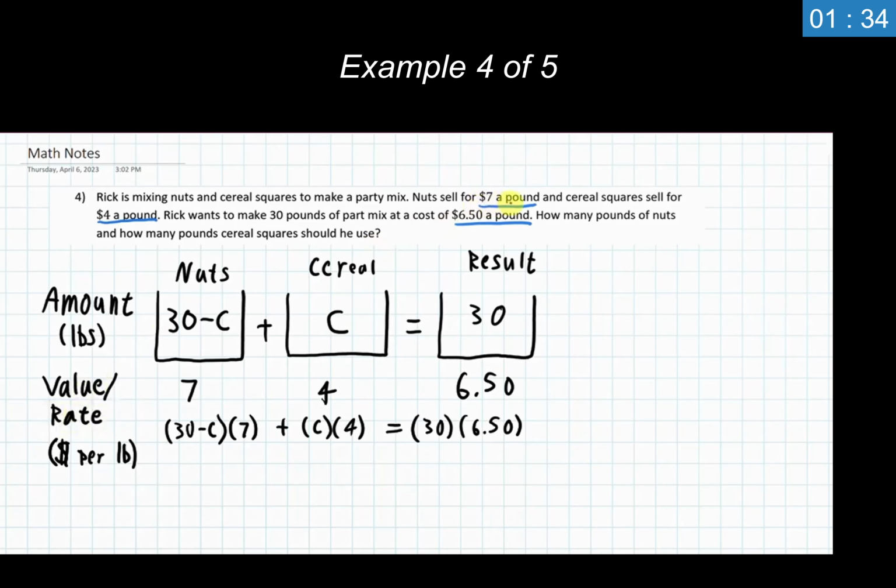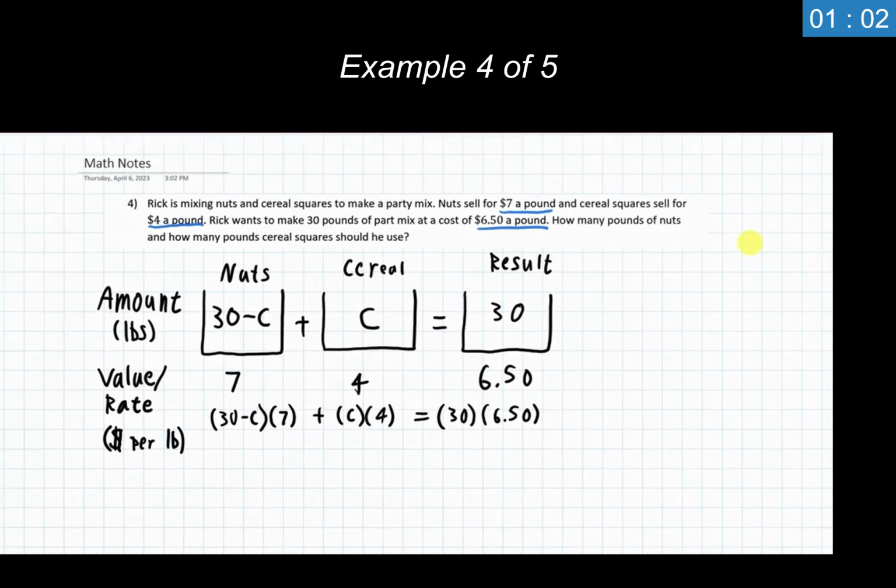Dollars a pound, some cost per pound. So be on the lookout when you're writing in the value: has it been given to us as a rate, something per something else, or just as a flat value like we saw previously, which is just $3 or 25 cents or something to that effect? After we have this set up, we can go through and just solve this like we did with all of our previous problems.